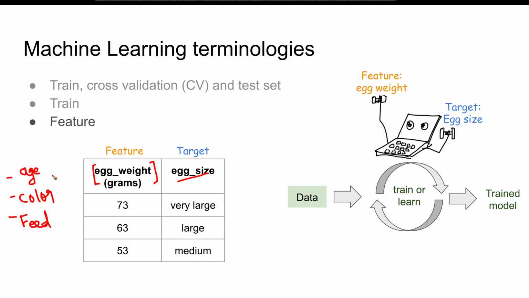So all these features together can be used by the computer during the training time to find the values for the parameters to get a final trained model. So a feature is a set of data. These are all independent, so they are not dependent on each other, and the target is dependent on those features.